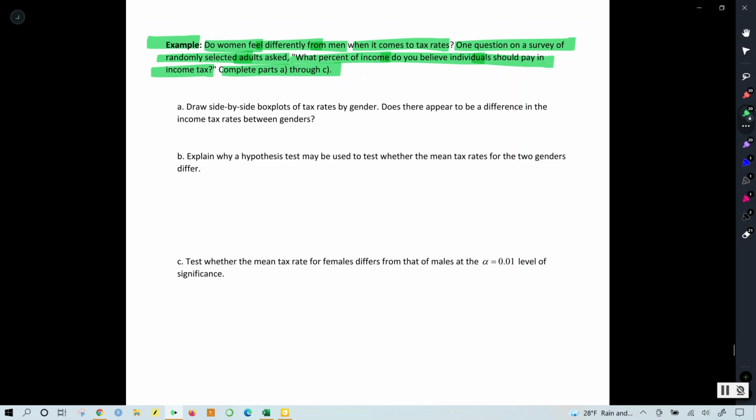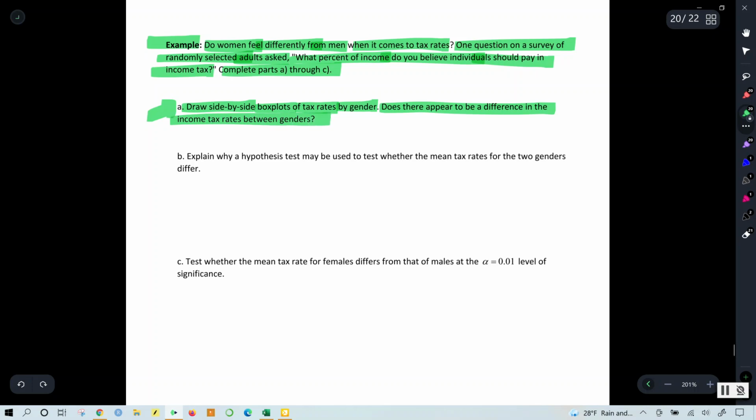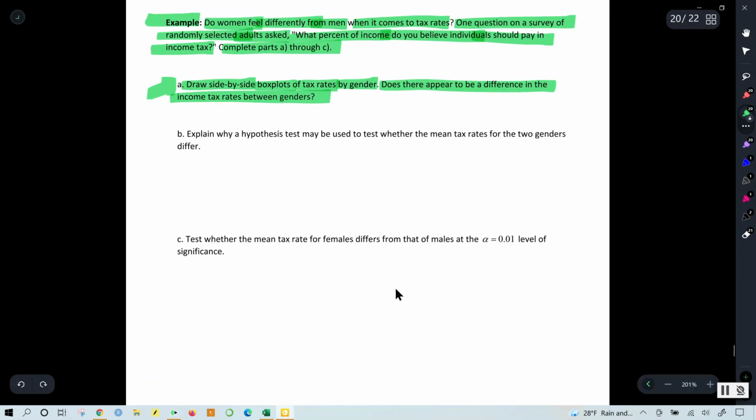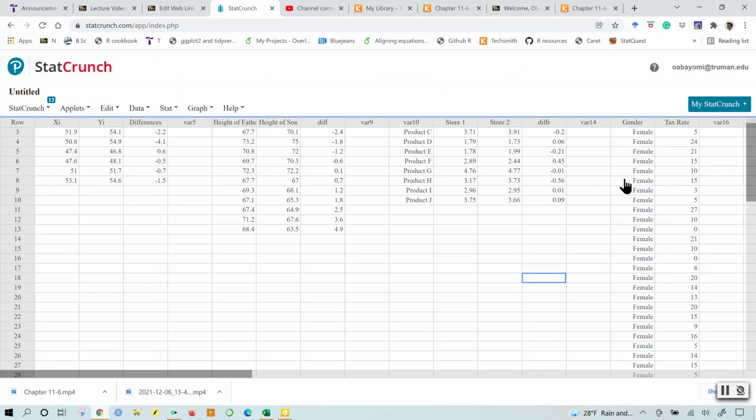through C. So the first part A says we should draw a side-by-side box plot of tax rates by gender. Does there appear to be a difference in the income tax rates between genders? Let us see. In order to draw the side-by-side box plots, the first step is to copy your data into StatCrunch.